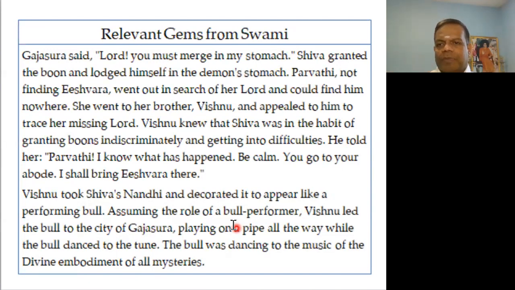So then Vishnu goes, and Gajasura thought only he knew about it. Now there's someone else who knows, which is only God, who is all pervading. So then he asks, let my skin be worn by the Lord, let my head be worshipped.